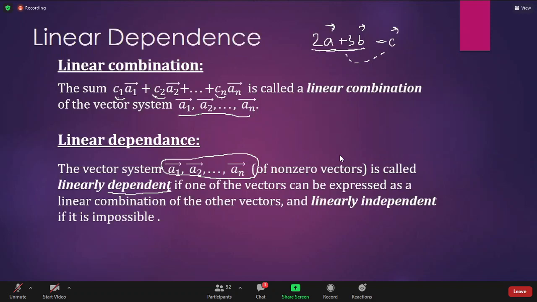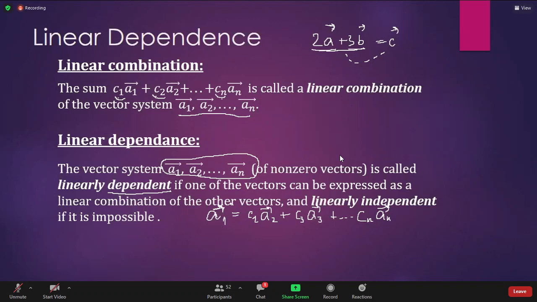In other words, if, for example, A1 can be written as constant C2 times vector A2, constant C3 times vector A3, plus and so on, constant Cn times vector An, then I have expressed the vector A1 as a linear combination of all the rest.